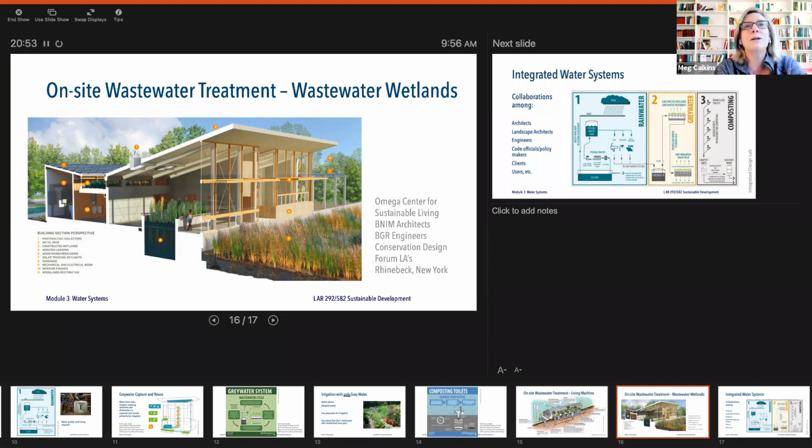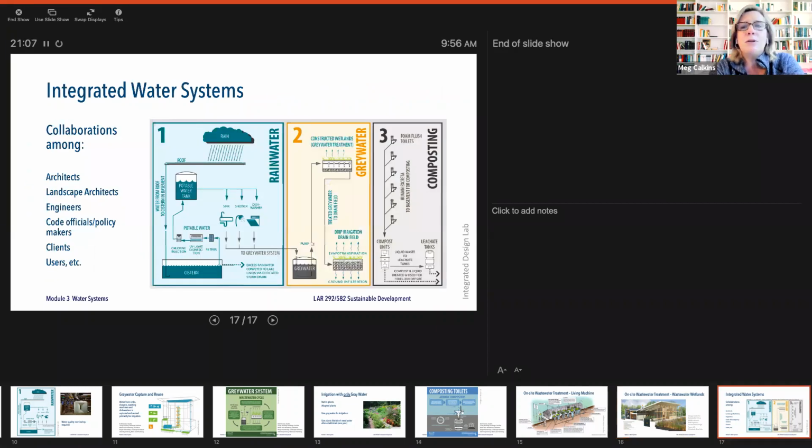So constructed wetlands can be combined for those uses, as long as the wastewater has been first treated in a living machine or some other biological wastewater treatment process. So just in conclusion, it's important to point out that these systems are integrated with each other, even though in some cases they're very separate systems.